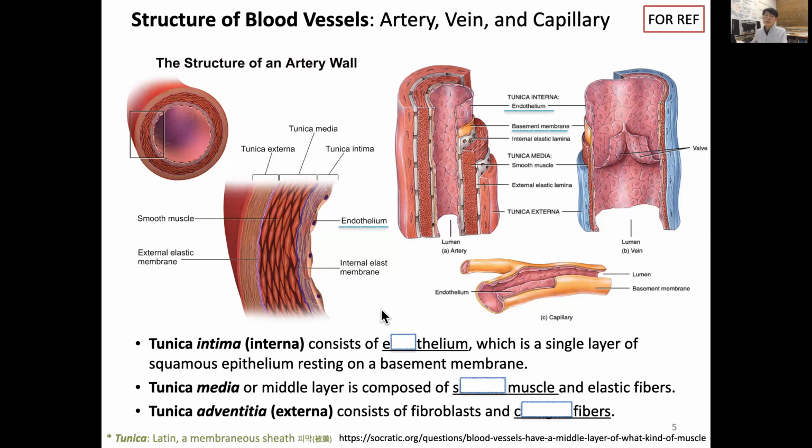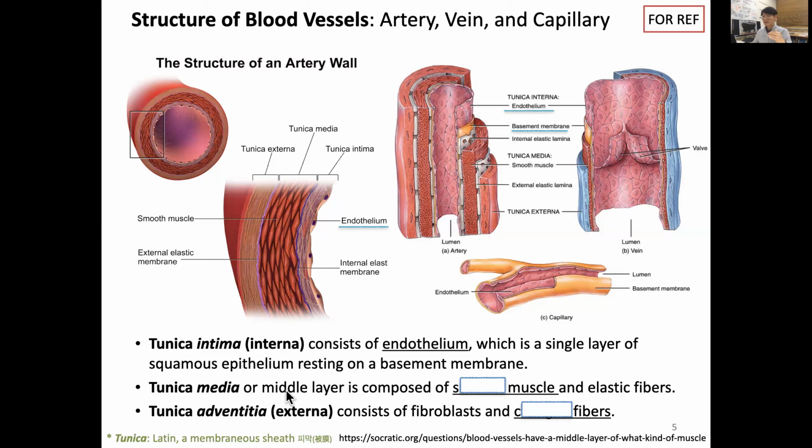So in summary, the tunica intima or interna consists of not epithelium, but endothelium, because this is inside, where there's a flow. Epithelium is usually outside, which is a single layer of squamous, scale-like epithelium resting on a basement membrane.